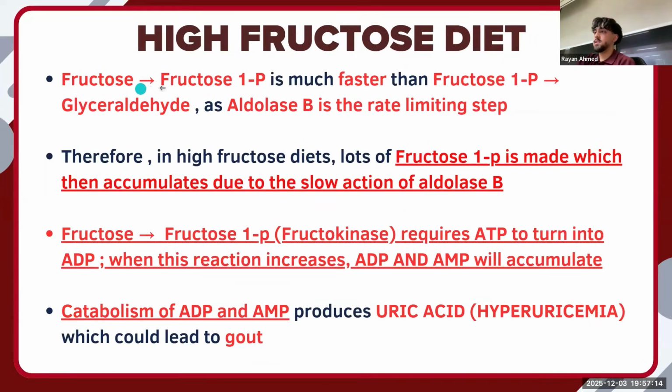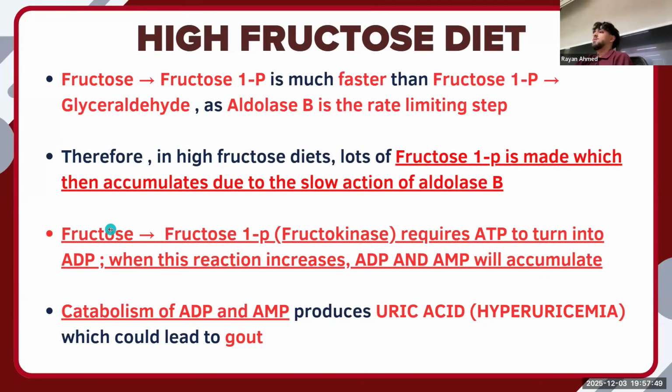Fructose to fructose 1-phosphate, we're using an enzyme called fructokinase. But for fructose 1-phosphate to glyceraldehyde, we're using aldolase B, which is a rate limiting step. Therefore, in high fructose diets, lots of fructose 1-phosphate is made, which then accumulates due to the slow action of aldolase B. This rate limiting step is slow.